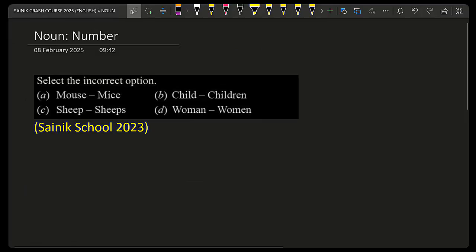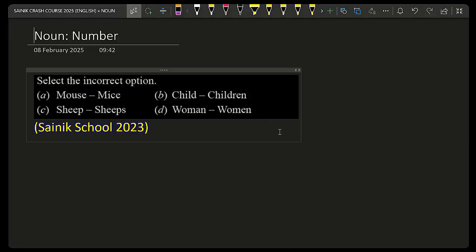Okay, I'm giving 30 seconds. Select the incorrect option. Mouse, mice. Child, children. Sheep, sheeps. Woman, women. Which is the incorrect option?